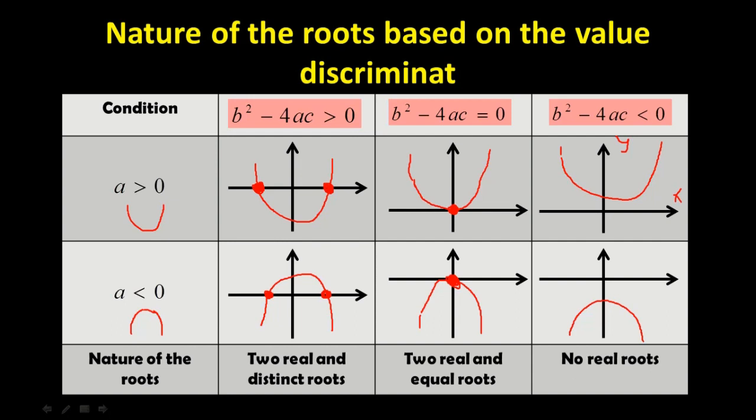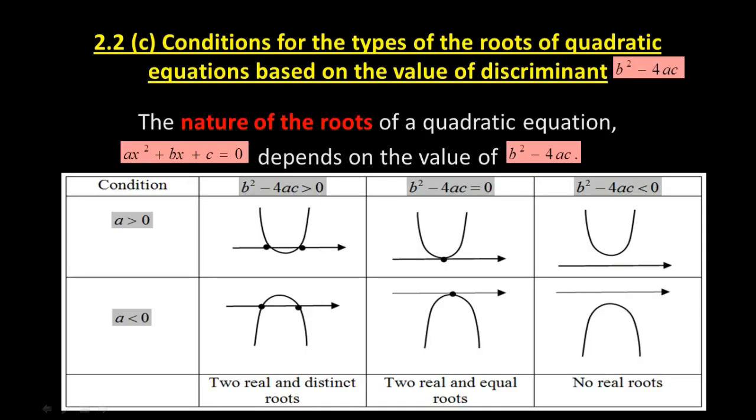That's why, two real and distinct roots, two real and equal roots, and no real roots. Remember this: greater than 0, equal to 0, and less than 0. This is the note for the types of roots of quadratic equation based on the value of discriminant b squared minus 4ac. Take note, okay?